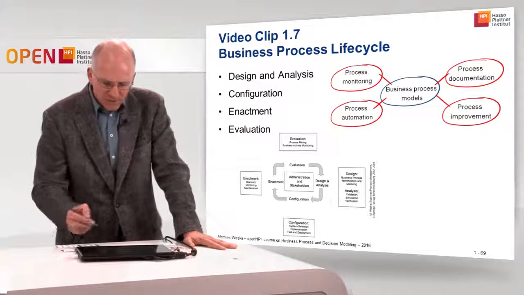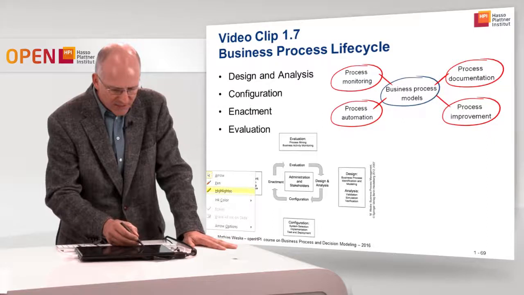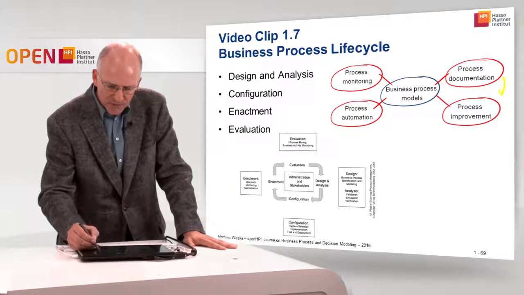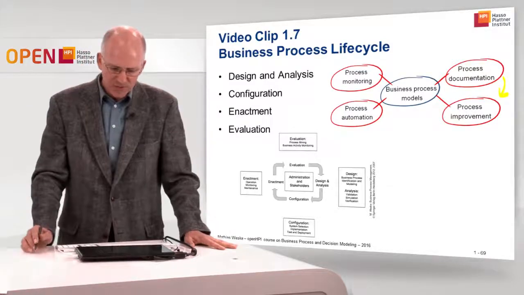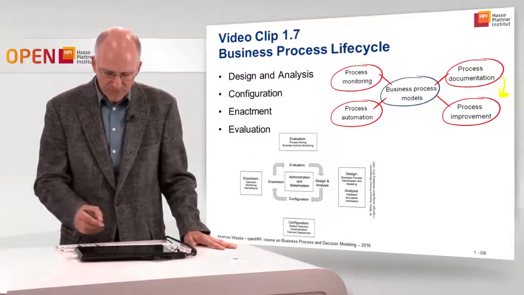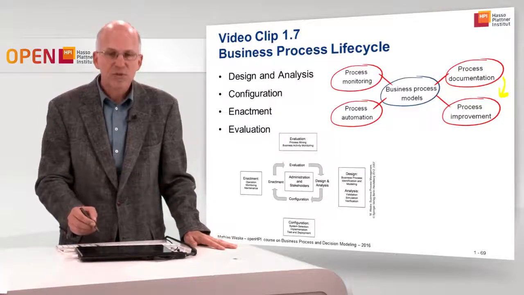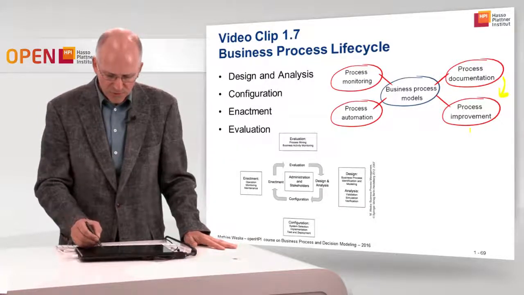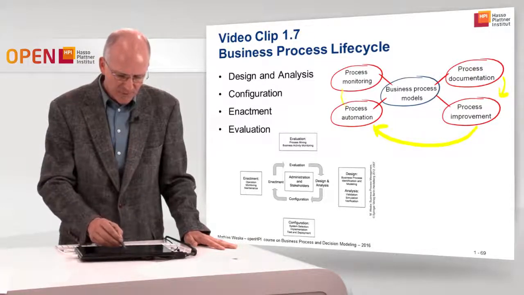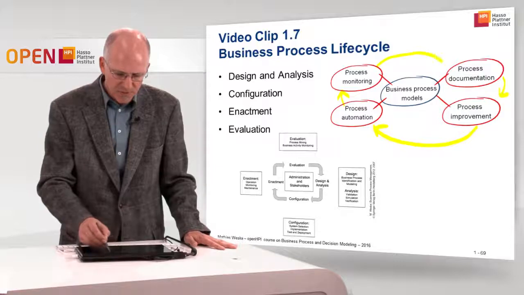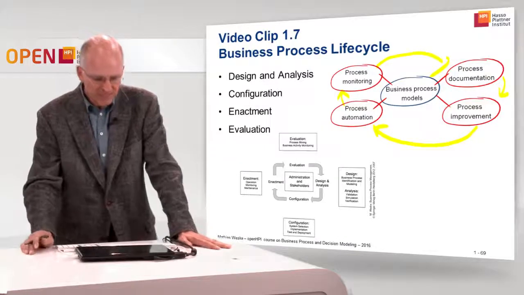The first one was initially used during the introduction of this course to say, well, we need process models for process documentation. With the process documentation, I go to the process improvement. Once I have improved the process, I can go automating the process. Finally, I can monitor, and with the monitoring, I can document and improve the process again.